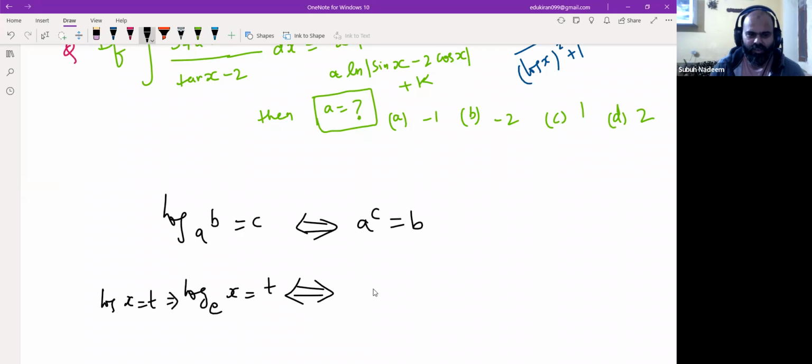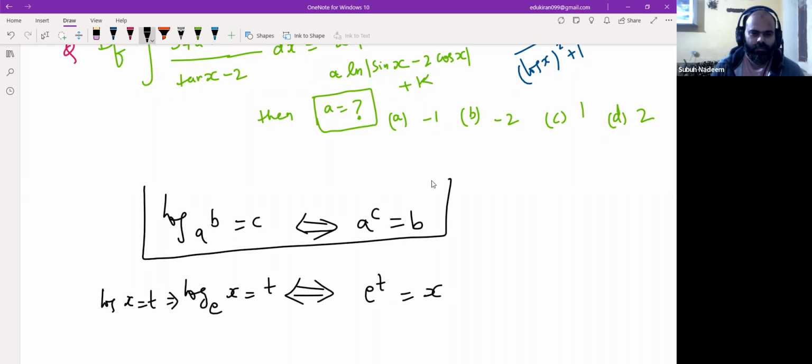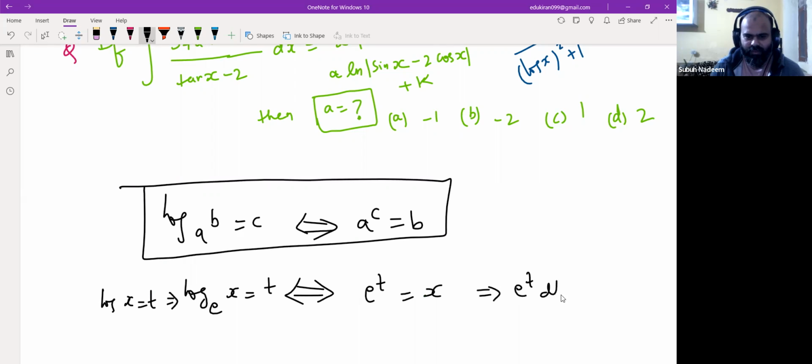So e to the power t is equal to x. Okay, sir. So in that case, e to the power t dt will be dx.